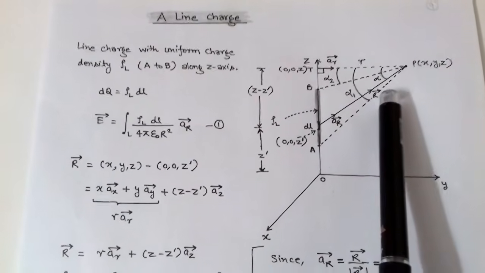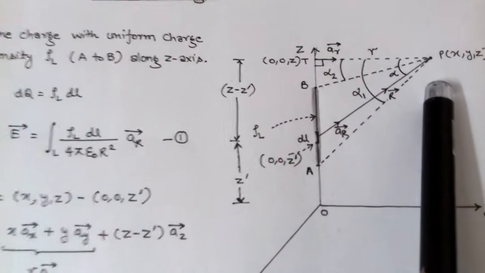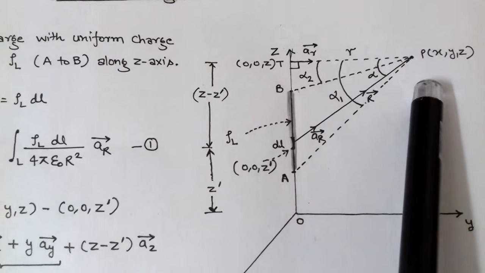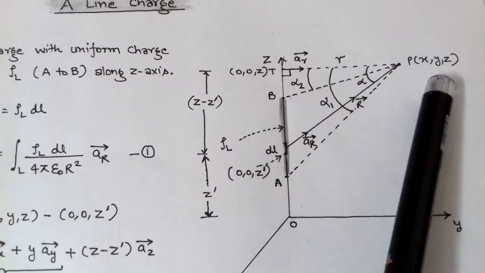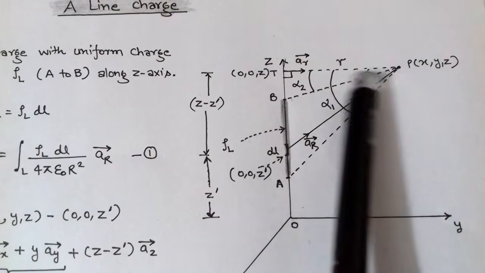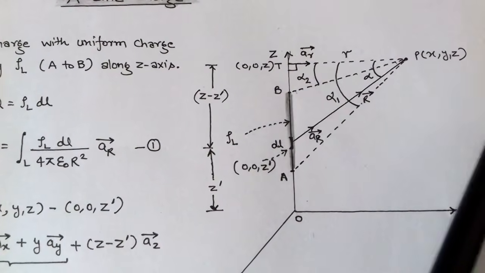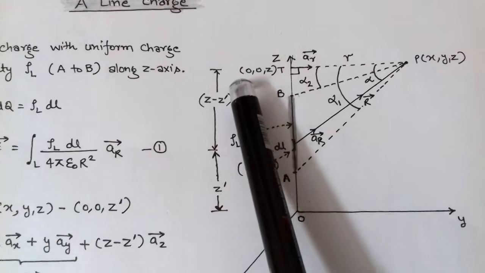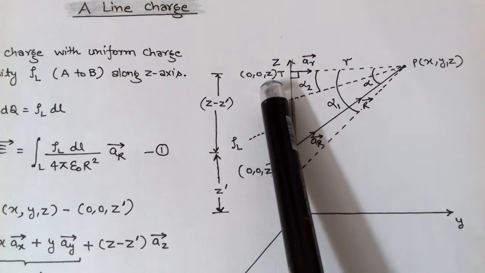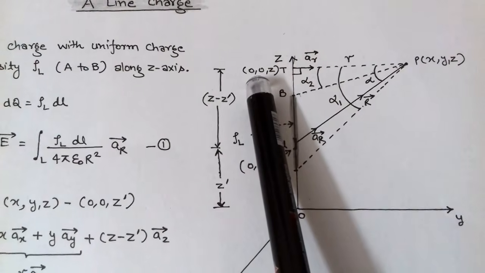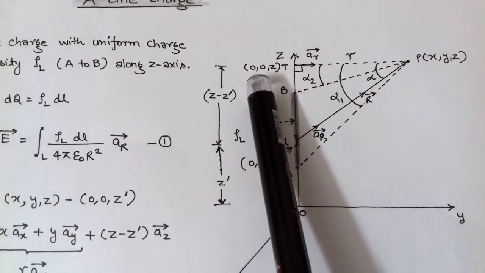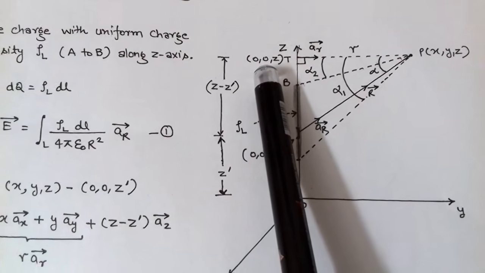Now we construct a perpendicular on z-axis. So point P has a perpendicular distance on z-axis. Now this point is T on z-axis, and this T has coordinates 0, 0, z.